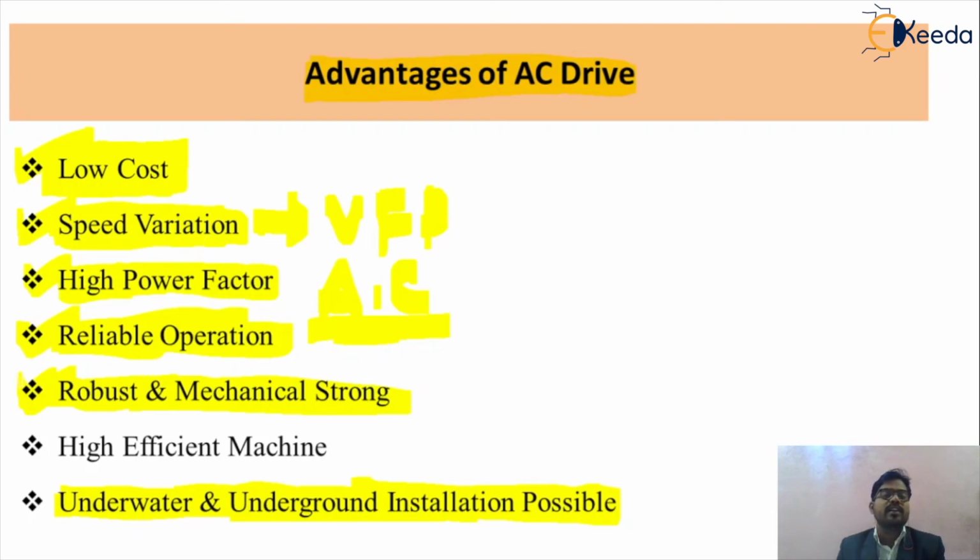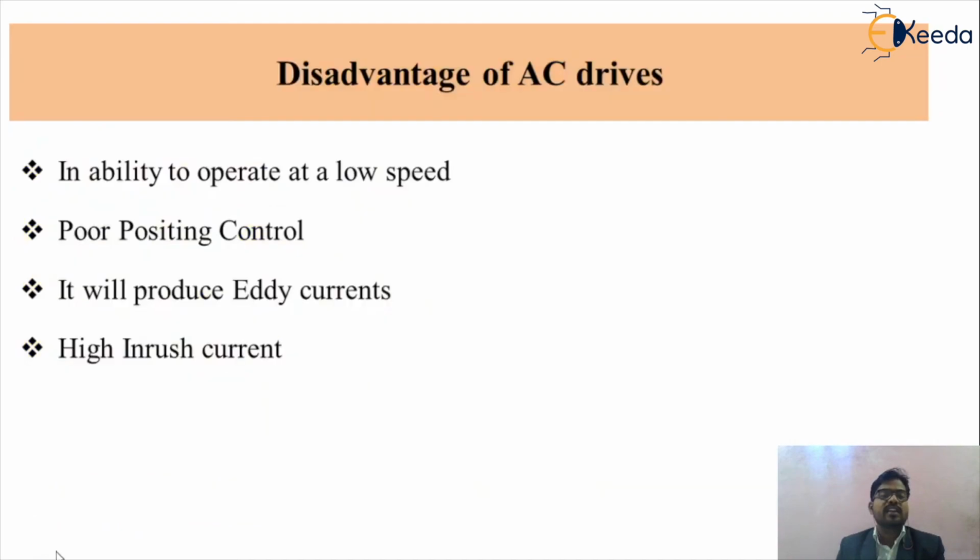After that, due to these advantages, the efficiency of such a machine is large as compared to your DC machine, because the efficiency of a DC machine is about 50 to 60%, but the efficiency of your induction motor is greater, 80 to 90%. So such AC drives are highly efficient. These are the different advantages.